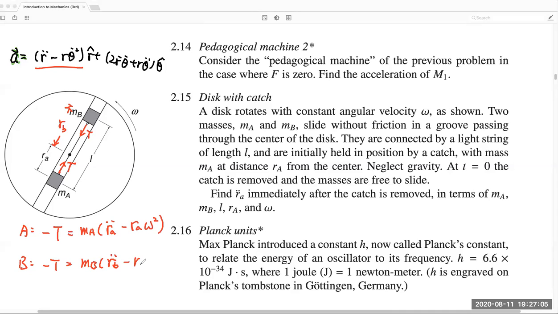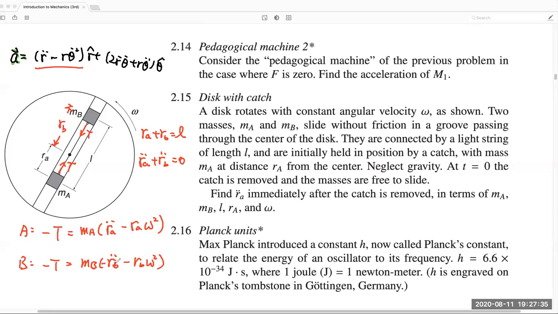Any question here? You just substitute. Then you need to make use of the constraint. RA plus RB equals L, that is a constant. And then you can solve the equation, not difficult.